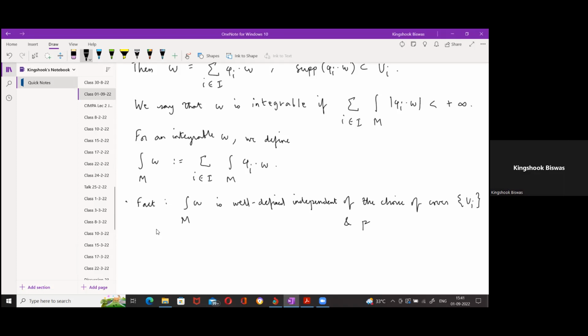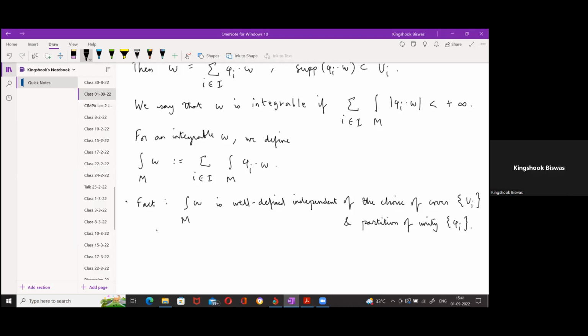So if I choose a different cover and partition of unity, it will give me the same answer.